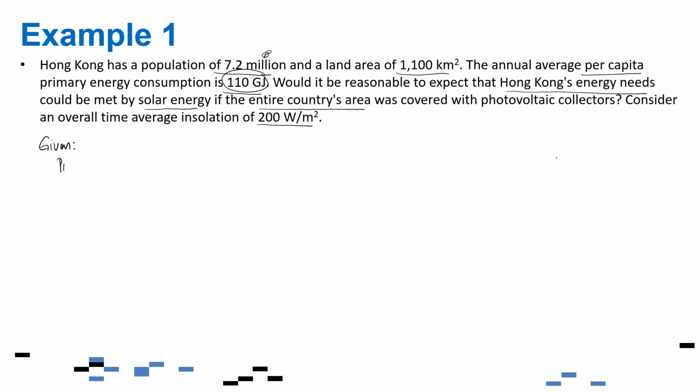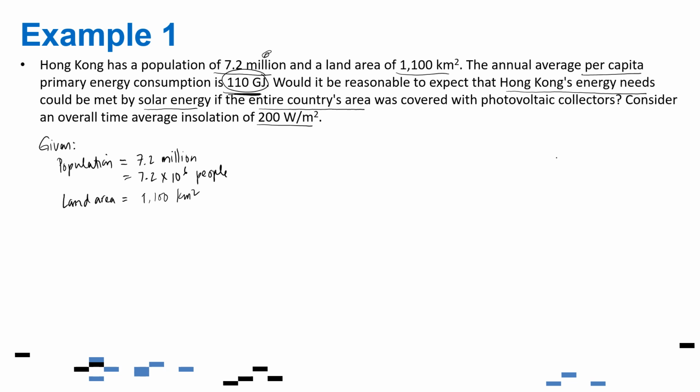So we have a population. Population is given as 7.2 million, or 7.2 times 10 to the 6 people. And also we are given a land area. So the land area is 1,100 square kilometers. And also we are given this 110 gigajoules, which is the per capita primary energy consumption.